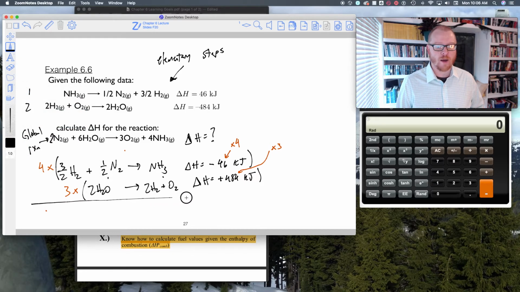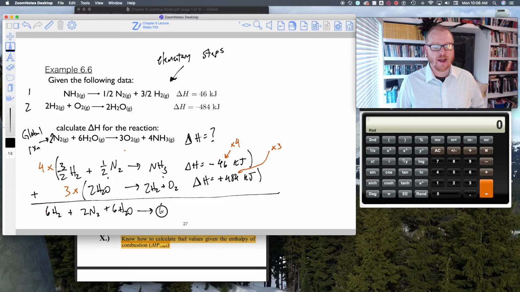And then now I'm going to add them all up, okay? So I've got 4 times 3/2 hydrogen. That's going to give me 6 H2s plus 2 N2s. And now 3 times 2 gives me 6 H2Os.